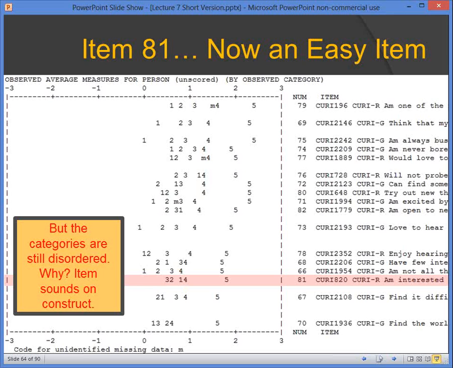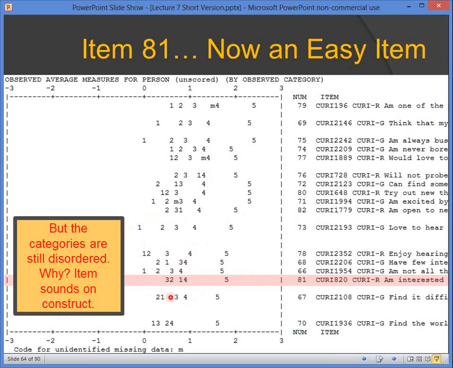The other items, number 73, love to hear about different countries and cultures, are a perfect example: the levels look good. They go 1, 2, 3, 4, 5, in order, with no disorder, and they span a great distance of the construct.